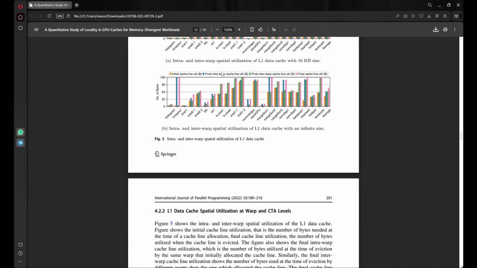And then this one is final inter-warp, which is how much final utilization you are seeing across threads that are outside of the same warp as the thread, or instruction, that brought in the cache line initially.